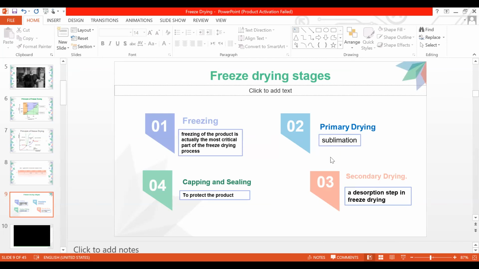The third stage is called secondary drying, or the desorption step in freeze drying. This process is very important. In this process, the excess moisture present in the sample can be removed.